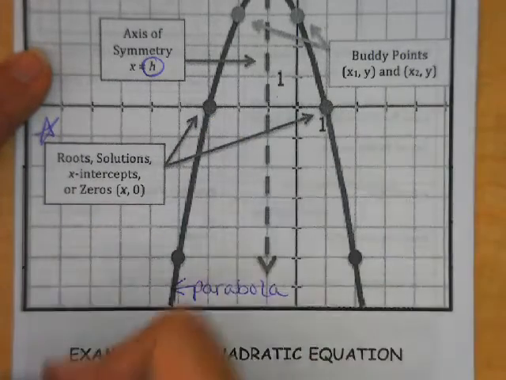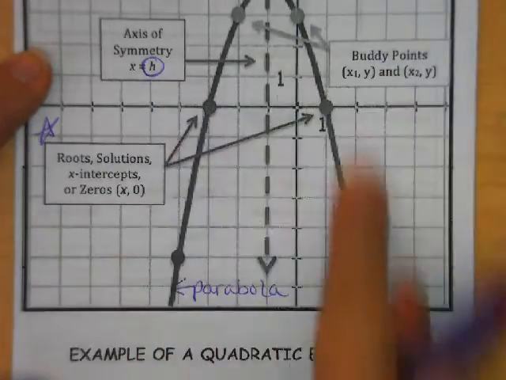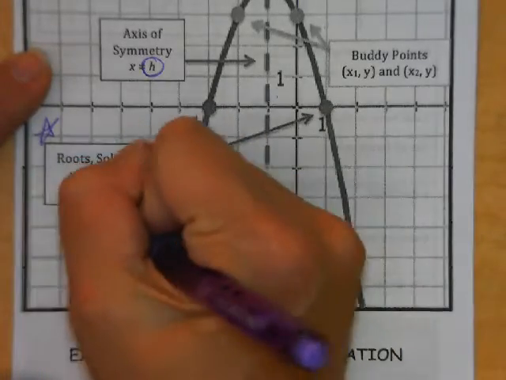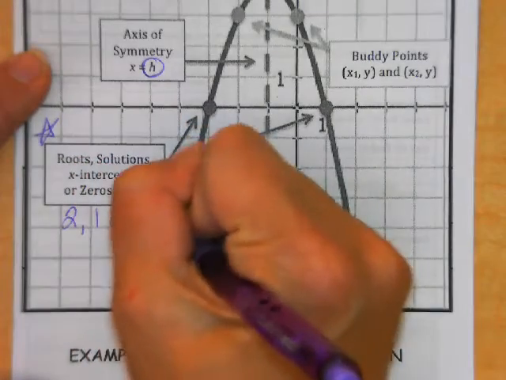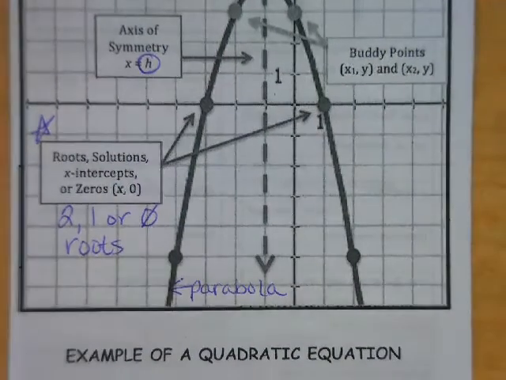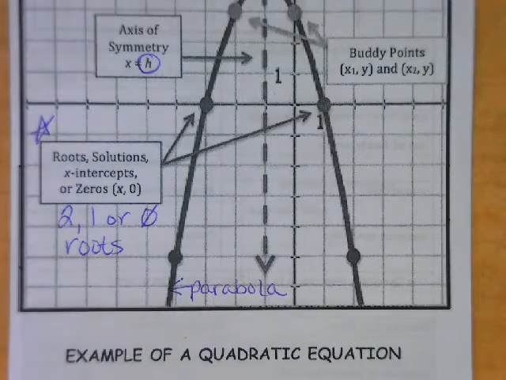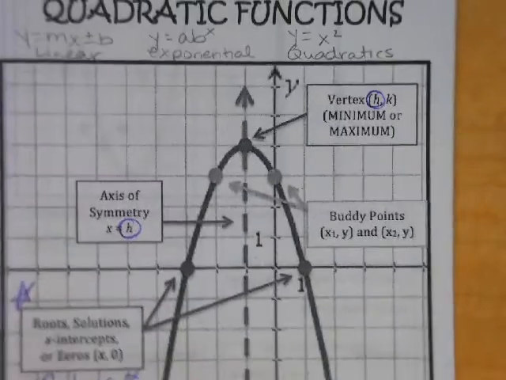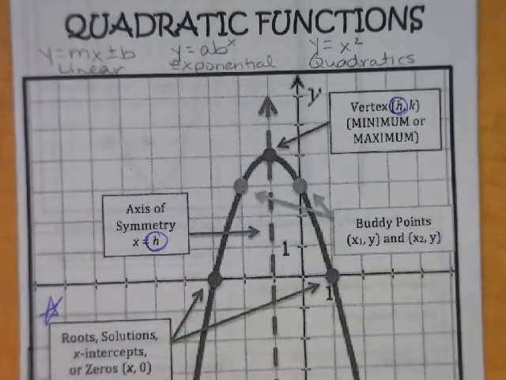Now, keep in mind, a quadratic function can have 2, 1, or 0 roots, solutions, x-intercepts, zeros. And you're going to hear me say all 4 of those words over and over and over so that you get used to hearing them. Any questions so far?